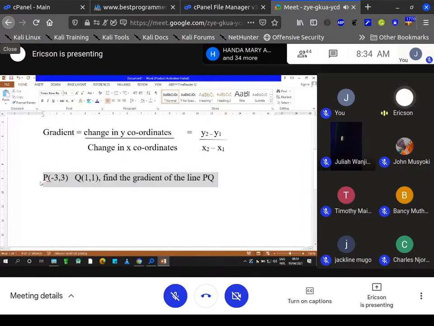This will be a second example: plot a graph using these points and then find the gradient of the line PQ.